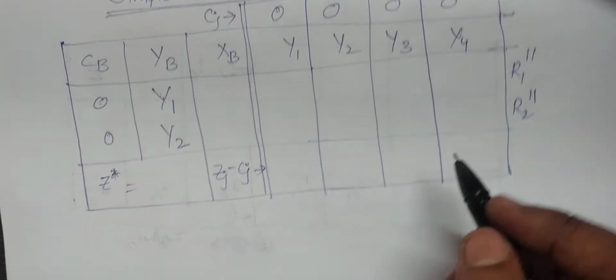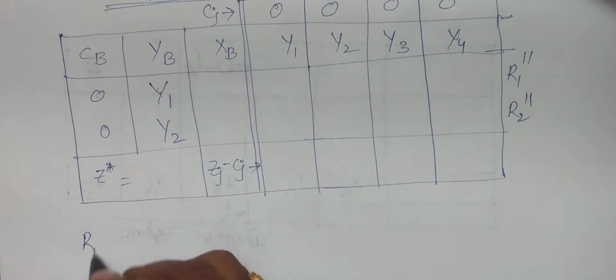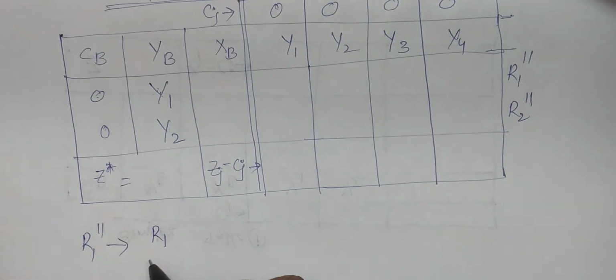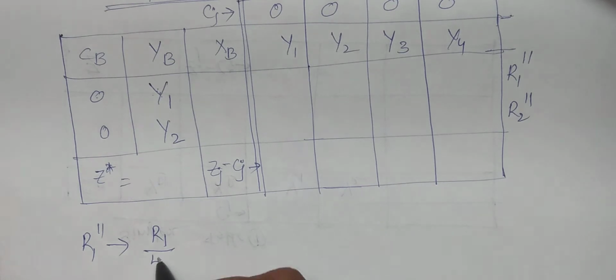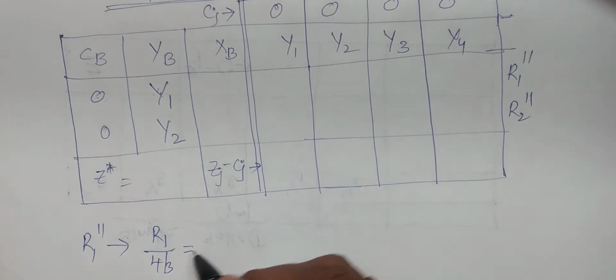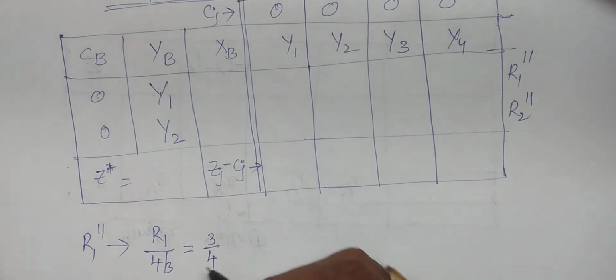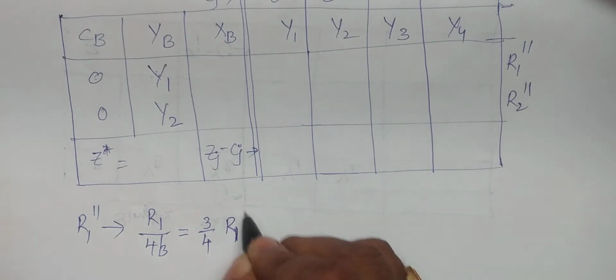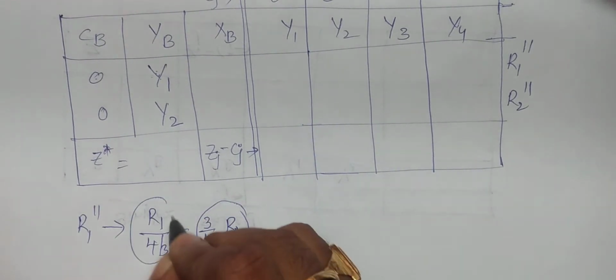Which comes first? R1 double dash. What is the operation for R1 double dash? R1 divided by the pivotal element 4 by 3, so divided by 4 by 3, or it is 3 by 4 into R1. Either this or this, we can do anything.